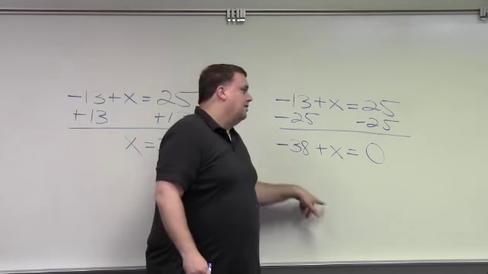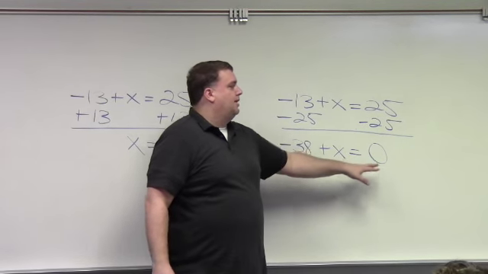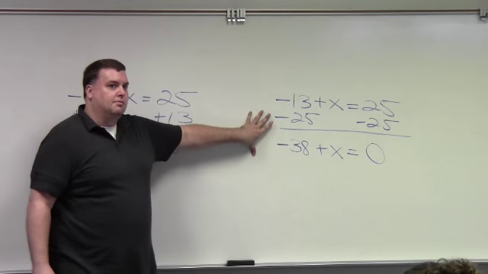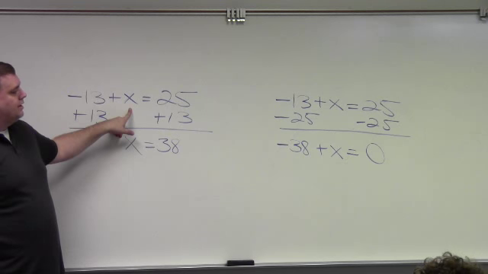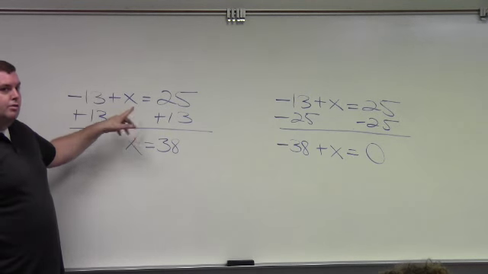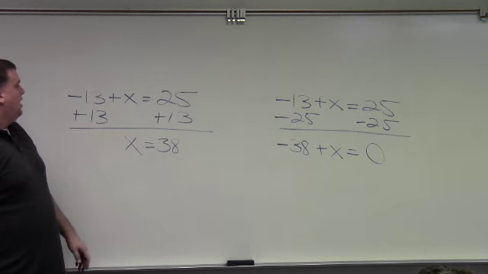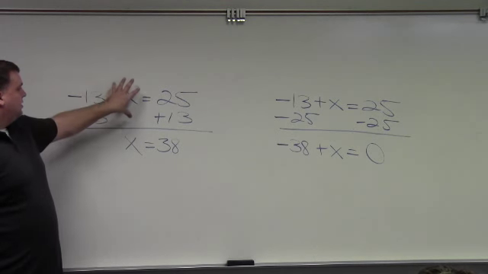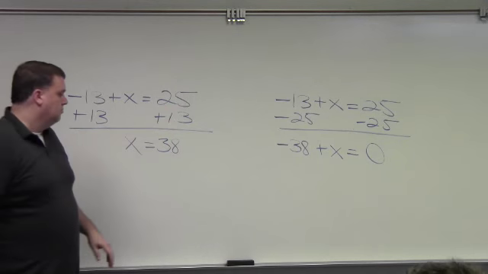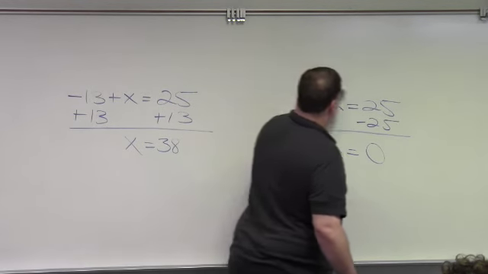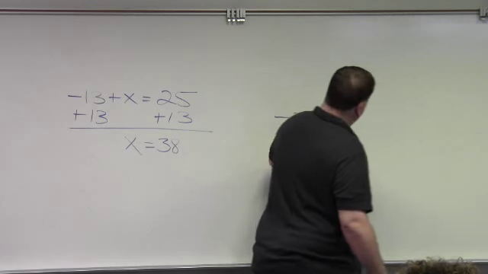I could add the 38 over, or subtract the x, but that just creates a lot more steps. And you can't divide by 0. If you move the x over there, that's going to be a negative x, and you don't want something in front of the x. It's actually easier just to leave the x where it's at and move everything else. Good question.